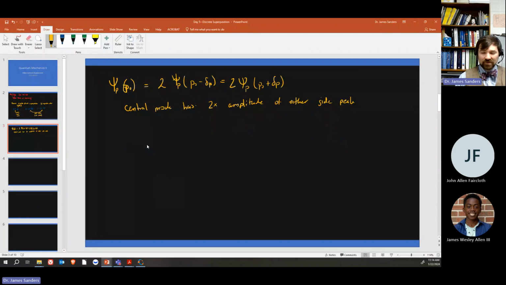McIntyre plots this for you. I don't really want to mess with trying to find where on this computer I put said plot. Basically, you could think of this as here's psi sub p of p, and here's p. These are your two axes. And the plot, basically, you have one here.